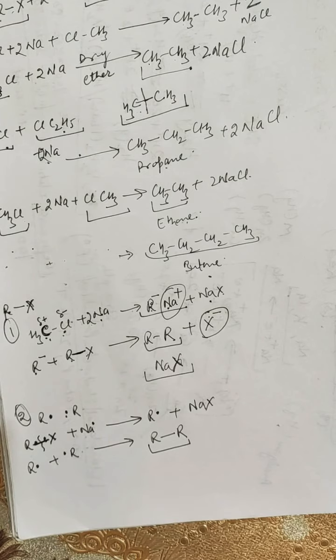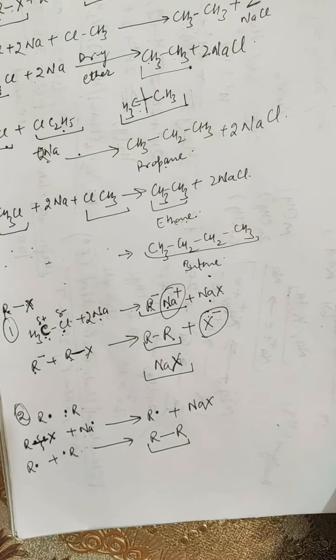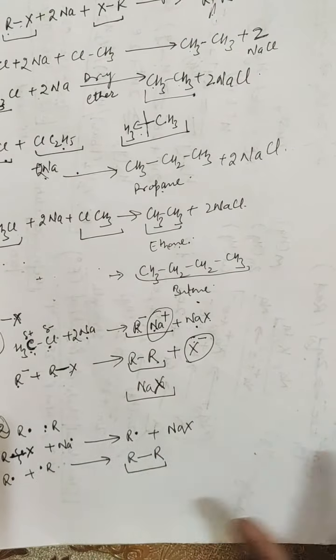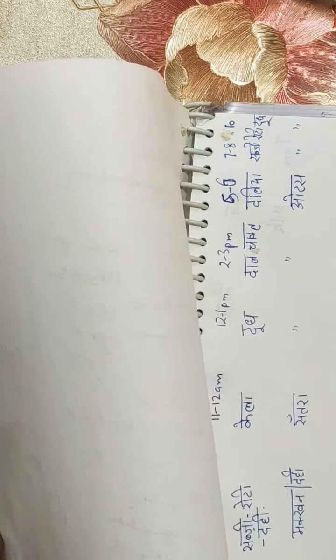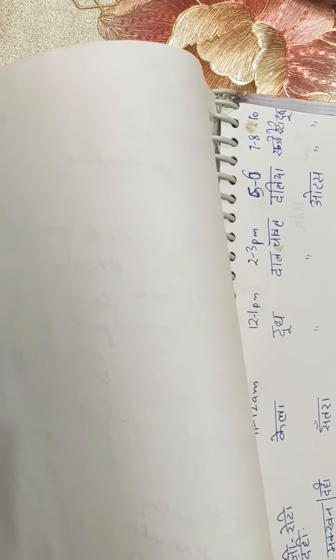Next is the Kolbe's electrolysis reaction. So in Kolbe's electrolysis reaction, the electrolysis of concentrated aqueous solution of sodium or potassium salt of saturated carboxylic acid yields alkane.